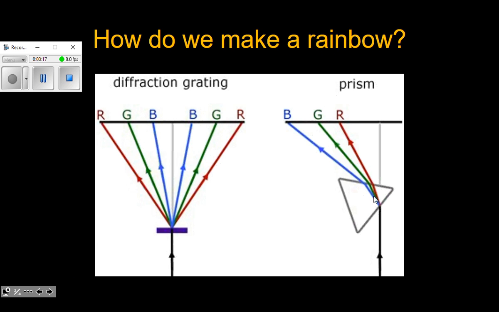You notice that when the prism bent the light and broke it down to its colors, the red, green, and blue represented here, the red bent the least, and it only went on one side of that central path that it was coming in. But a diffraction grating, and I'm going to explain what that is in a second, bends as well, but we get an actual rainbow on both sides of that central original equilibrium line. But notice the difference.